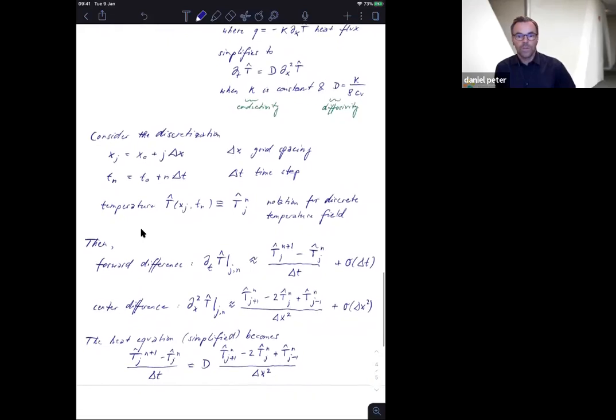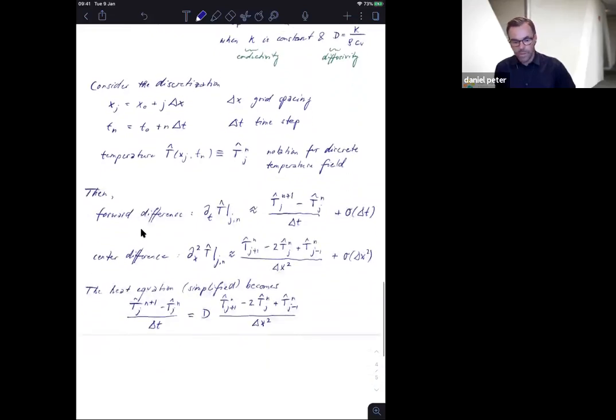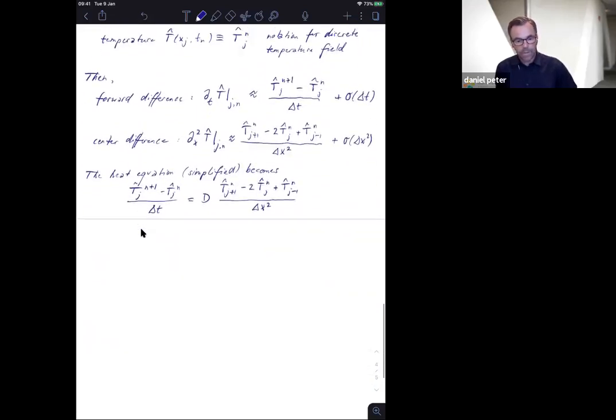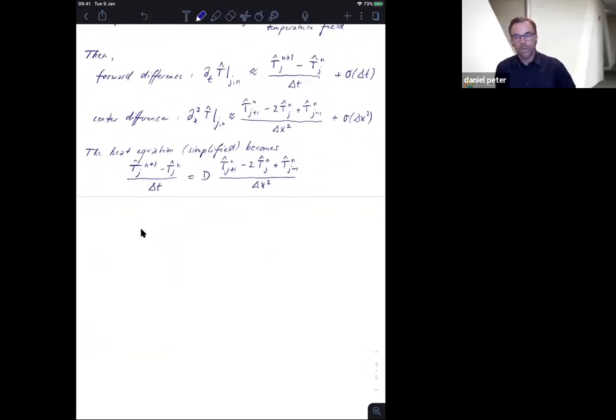Good, how do we analyze the stability now of that scheme? Well, one way of doing it is by looking at a particular solution, basically. So assume that the solutions have a form of like a plane wave.